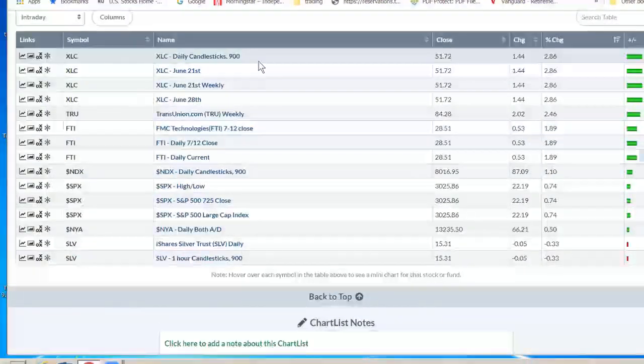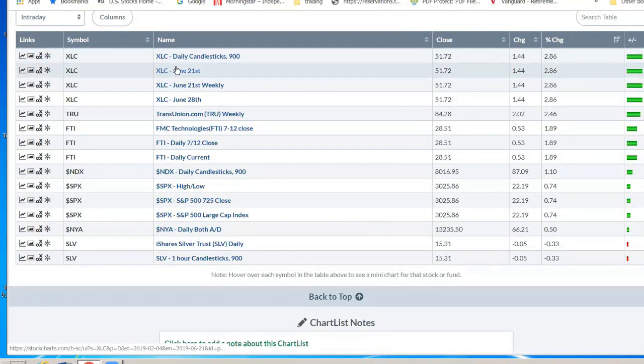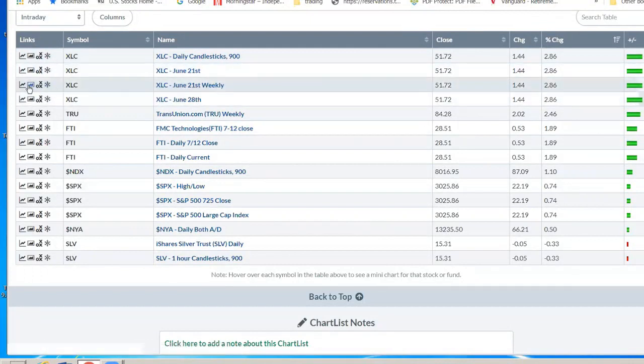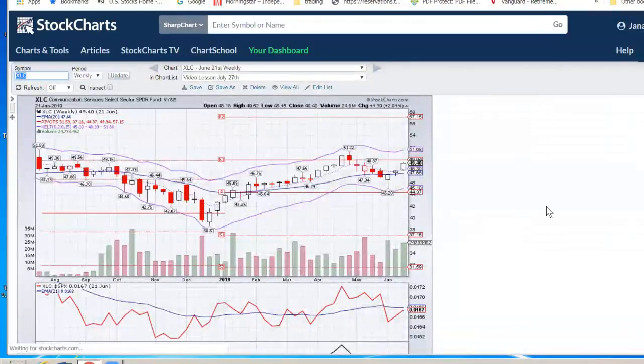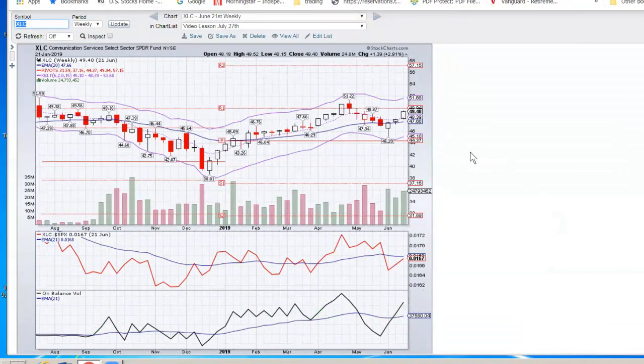All right, well, let's look at a similar example in an ETF. And that's the XLC, which has most of the FANG stocks in there. It saw this action, kind of had a spike down to 46.20, where the pivot was 44.37.